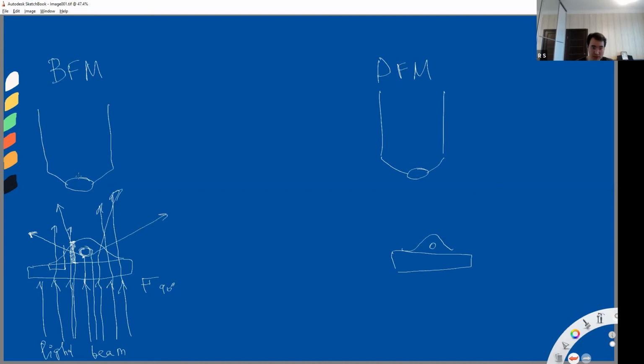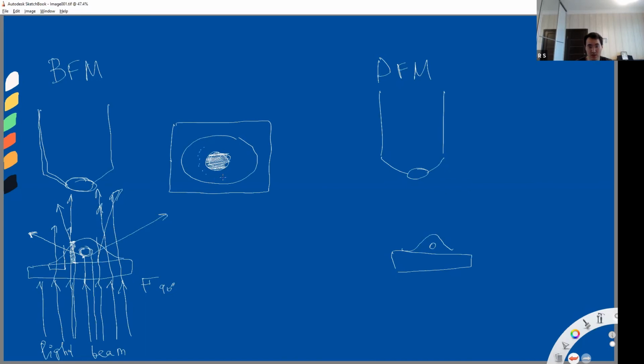So in this case, the objective will catch only the parallel rays, and this is what we see. Something like this, and this part will be very dark.